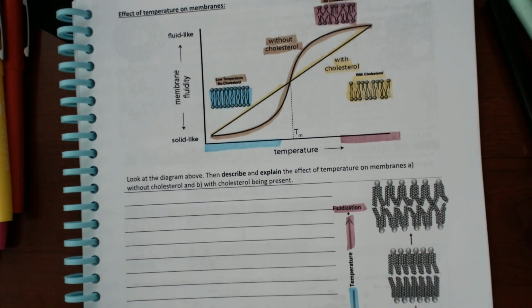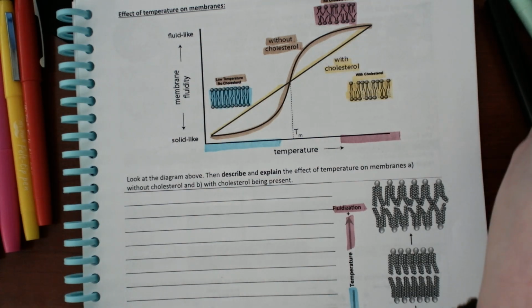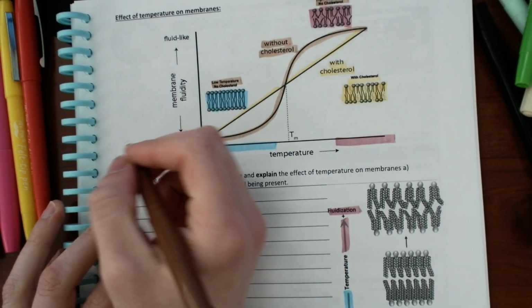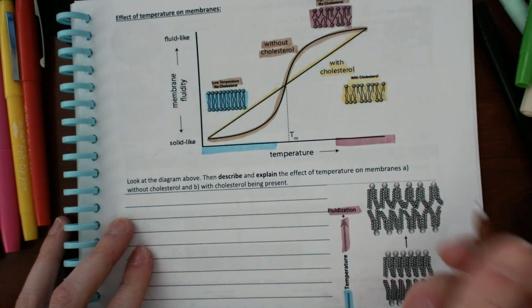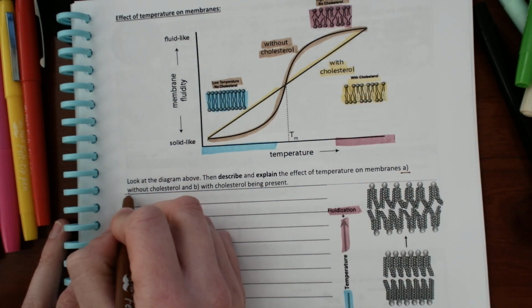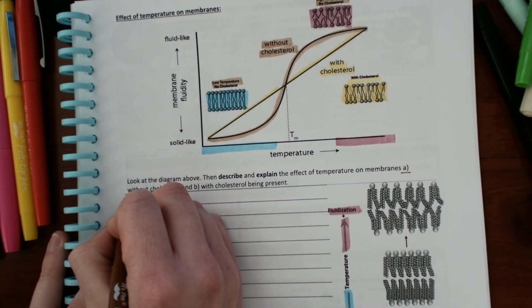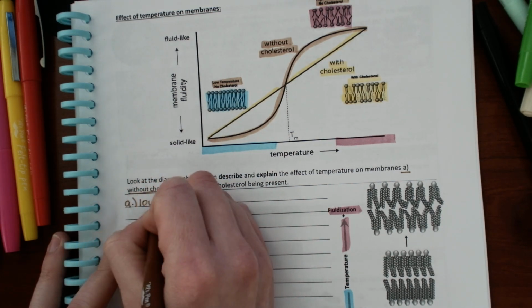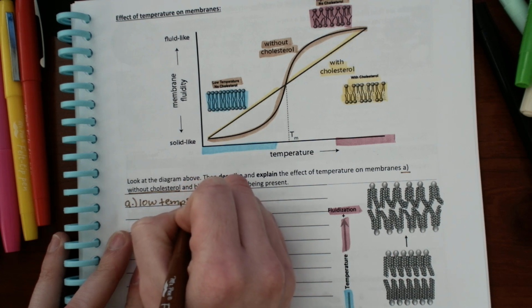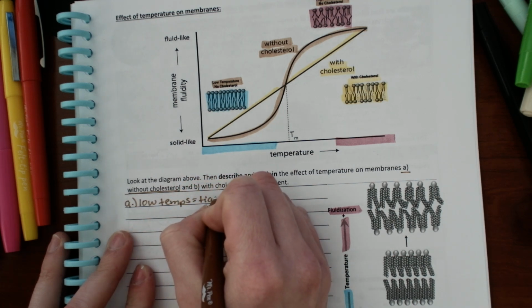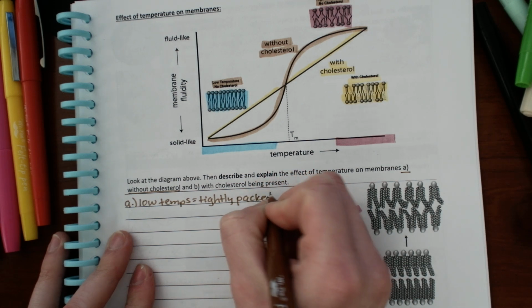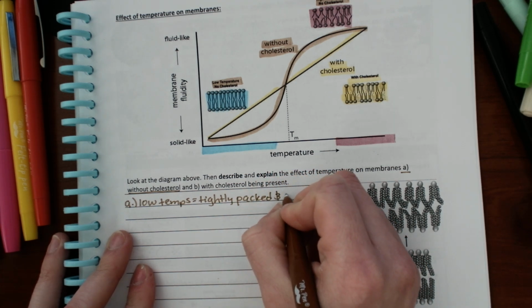And so first let's talk about what happens without cholesterol. I guess we'll write that in doo-doo brown. Without cholesterol, at low temps, tightly packed and very rigid.